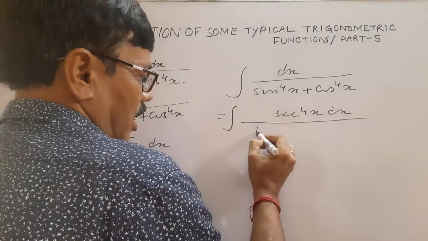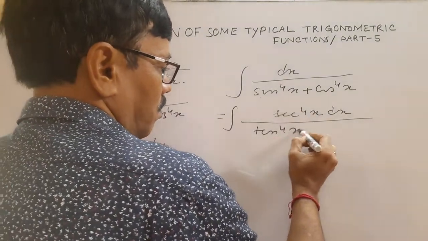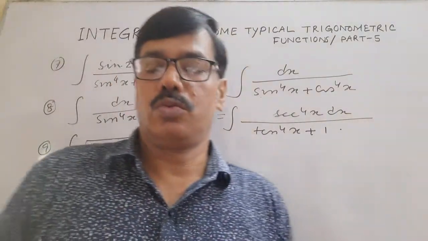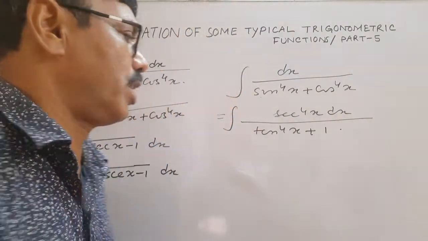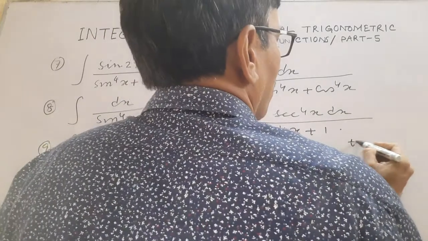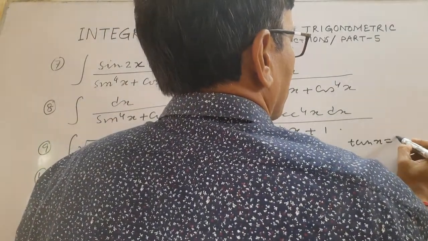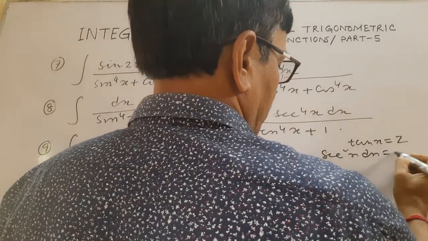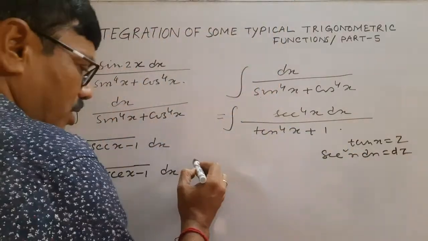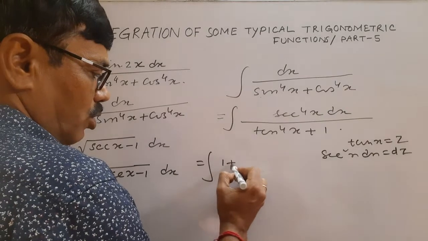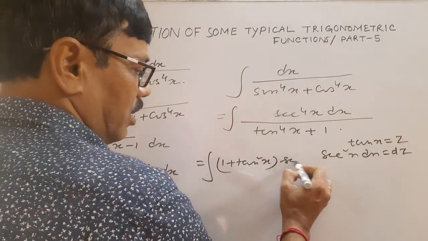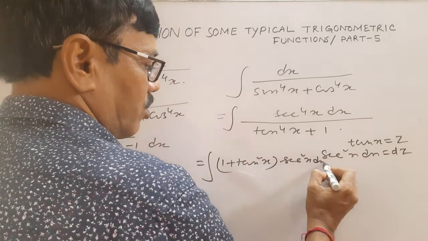Now it is tan to the power 4x plus 1. Now we put tan x equals to z. So sec square x dx equals to dz. So one sec square x is present, so we write it as 1 plus tan square x into sec square x.